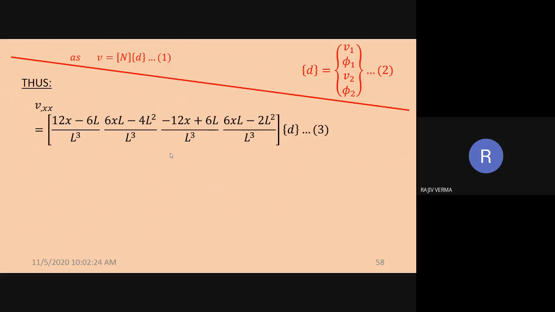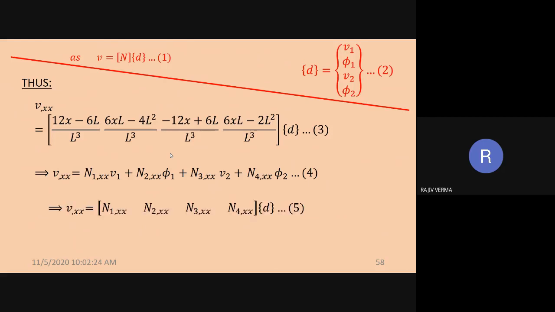V comma xx is going to be given by expression number 3, which in expanded equation form is equation number 4, or in matrix notation given by equation number 5, or in a more simplified form it is equation number 6.